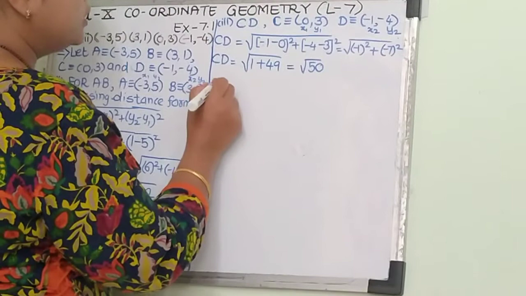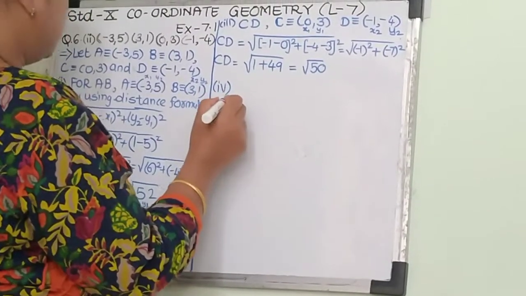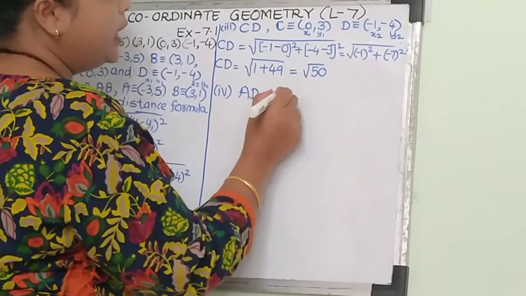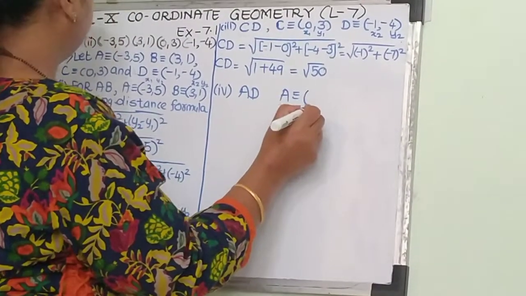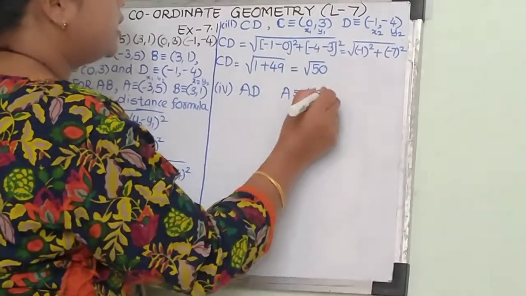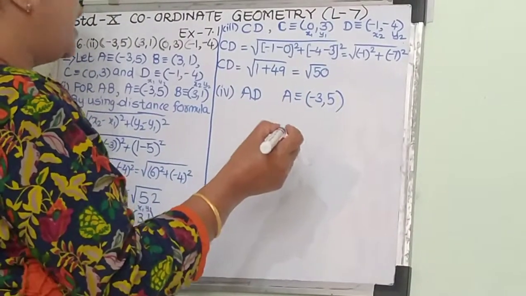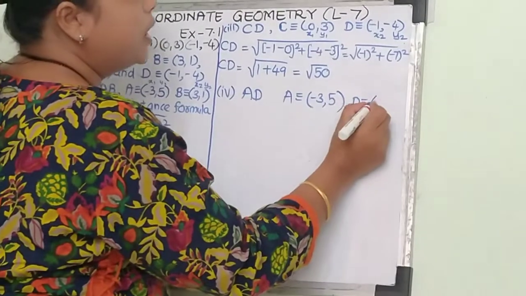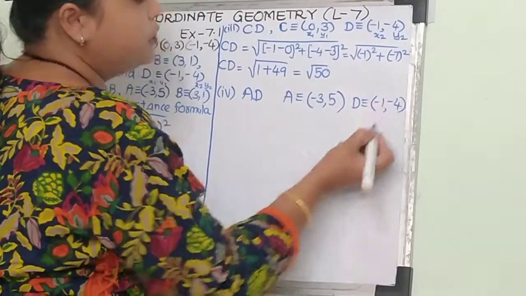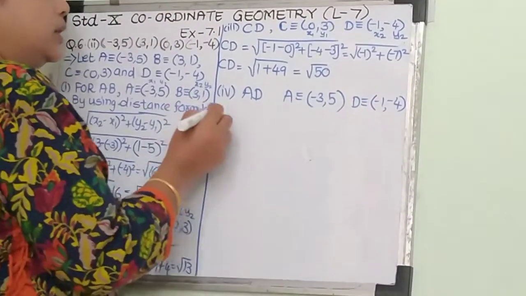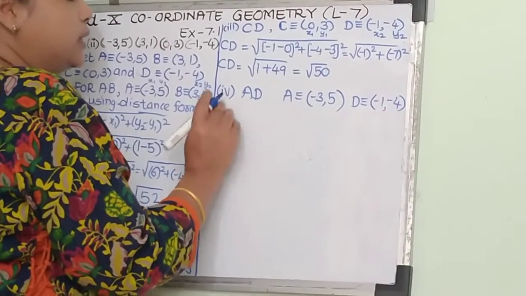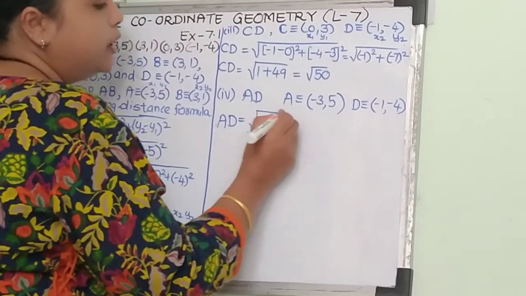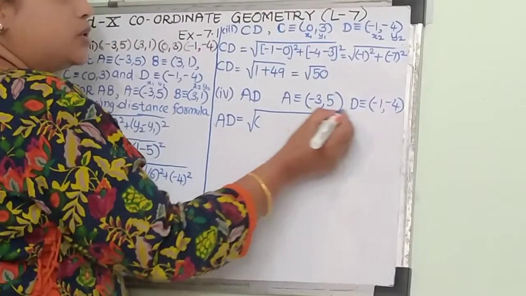And fourth, we have to find AD. For AD, A's coordinates are given as minus 3, 5 and D's coordinates are given as minus 1, minus 4. So by using the distance formula, AD is equal to root of x2.